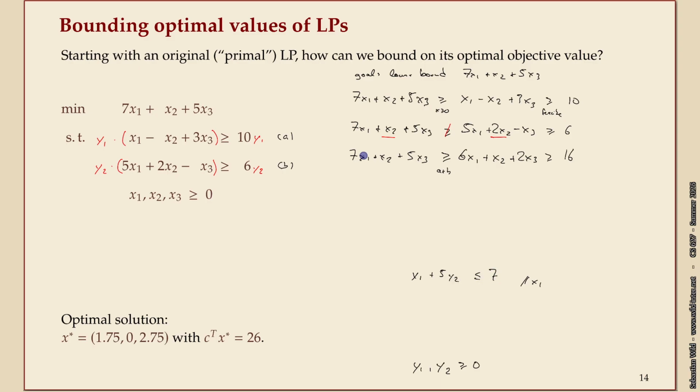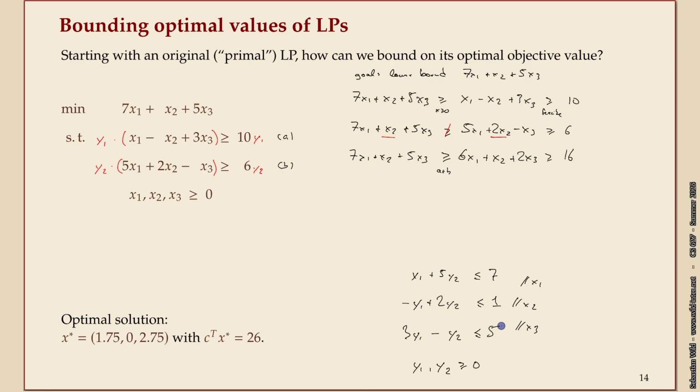I get the same for the other two variables: minus y1 plus 2y2 should be at most 1, and for x3, I get the constraint 3y1 minus y2 less than or equal to 5.